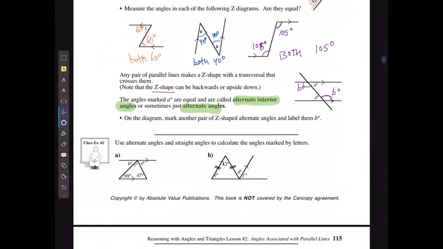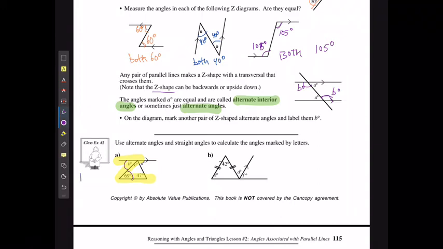If I am using alternate angles and straight angles to calculate the angles marked by the following letters, well, the first thing is I'm going to look for where are those Z shapes. And the first one I have is going to be in here. And I can see that from that, this angle and this angle are going to be the same.